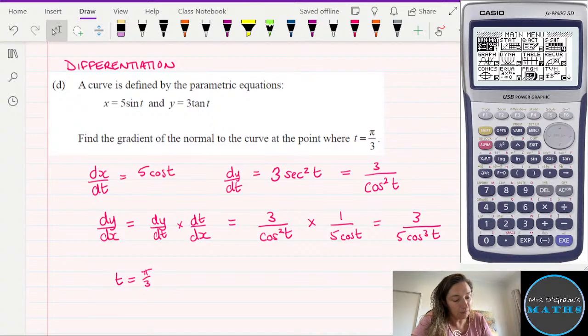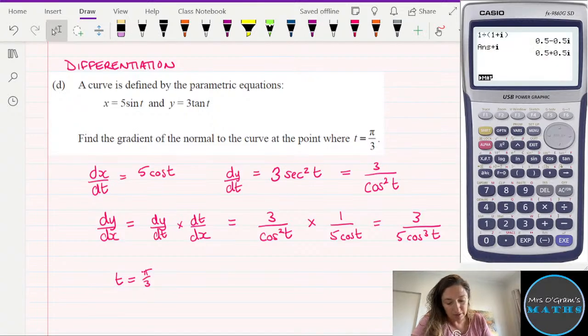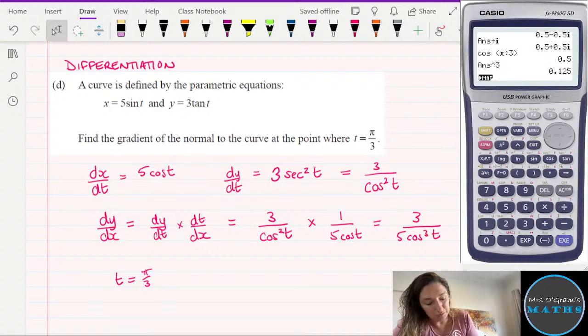Okay, so on the calculator, we pop in cos of pi by 3. That's equal to 1/2. Now do that to a cube.